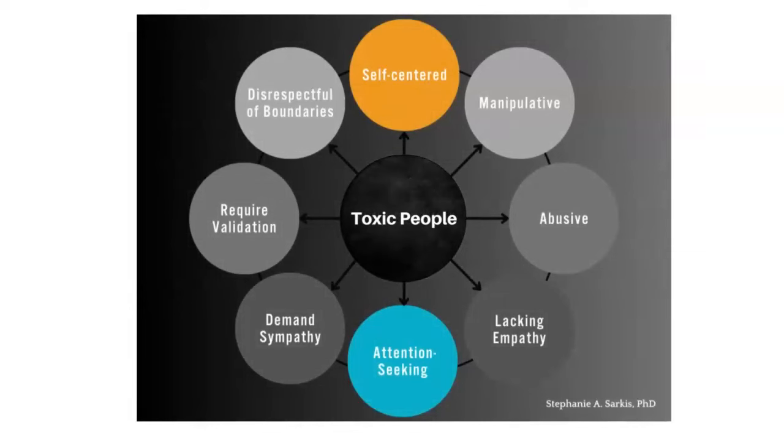She says toxic people can be self centered, manipulative, abusive, and lacking in empathy. Toxic people drain others' energy by constantly demanding attention, sympathy, or validation. And finally, toxic people tend to disrespect emotional and physical boundaries.